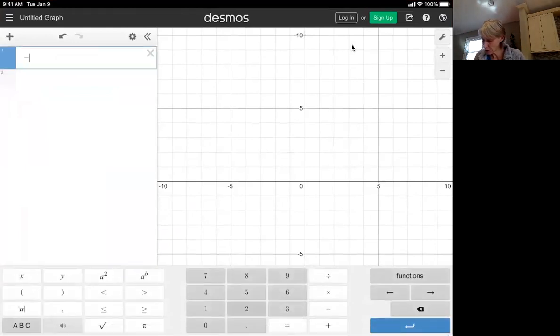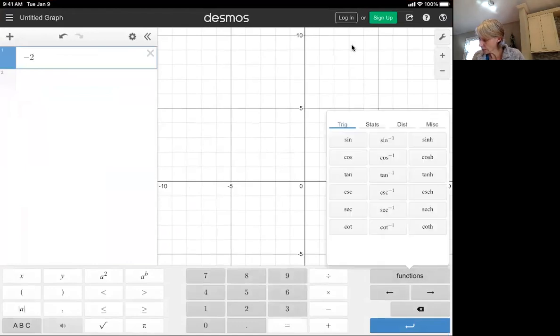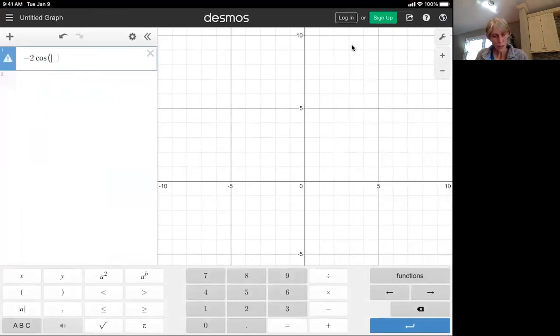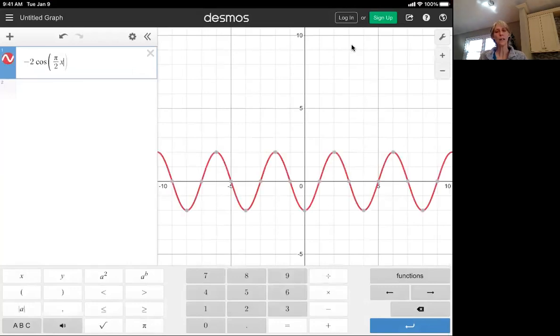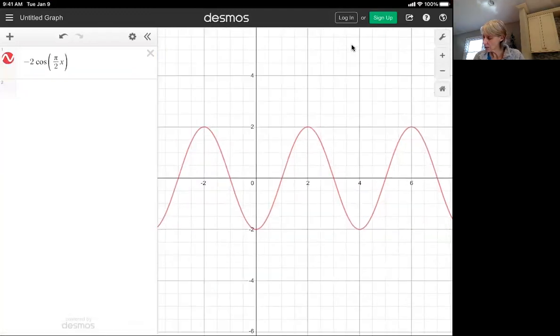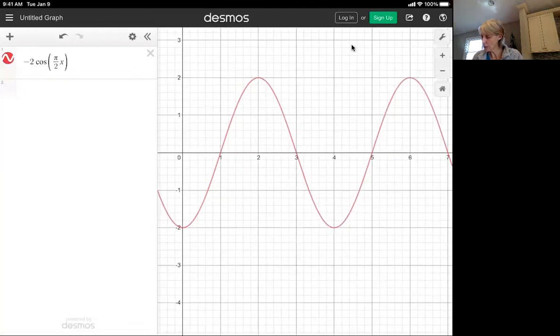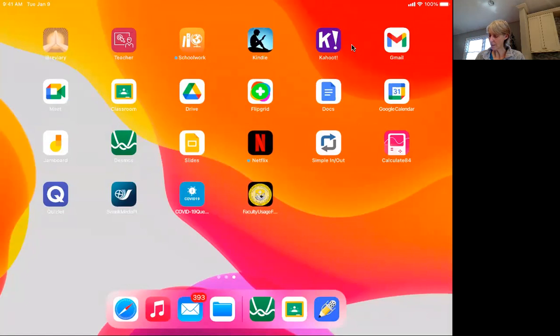So -2 cosine, pi over 2x, so pi divided by 2x. And you should see your curve bounce right on the screen. If you kind of look closely, you can kind of see from 0 to 6, it matches what we have on our paper.